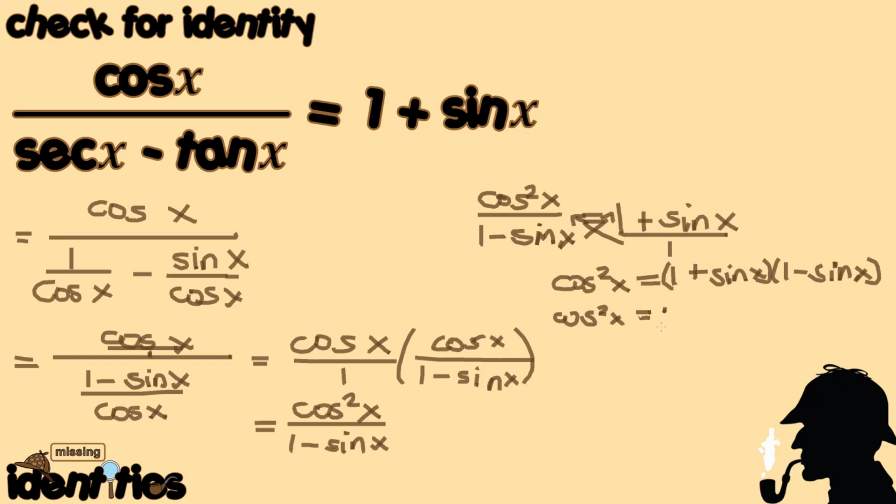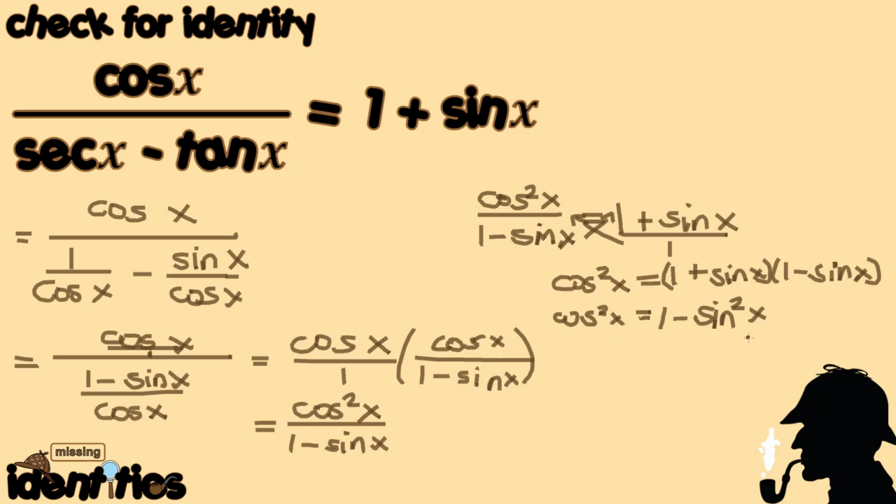So that's the difference of two squares. That's a special product. 1 squared minus sine squared x. You might want to verify if that is really correct. 1 times 1 is 1. Sine x times 1 is positive sine x. 1 times negative sine x is negative sine x. We have positive sine x earlier. Negative sine x makes 0. Then sine x times negative sine x is negative sine squared x.